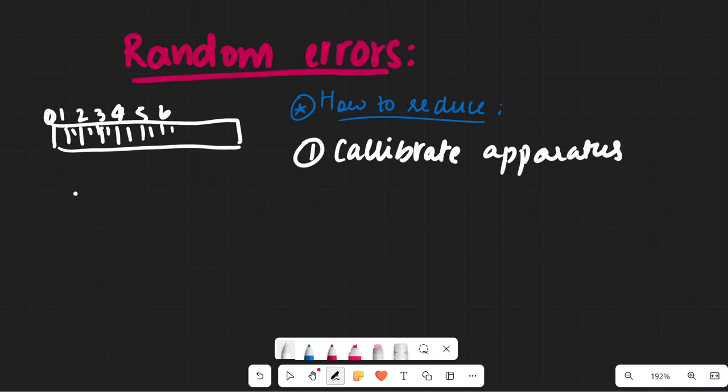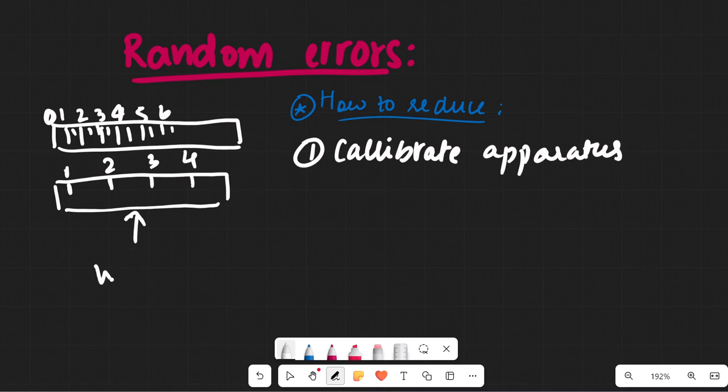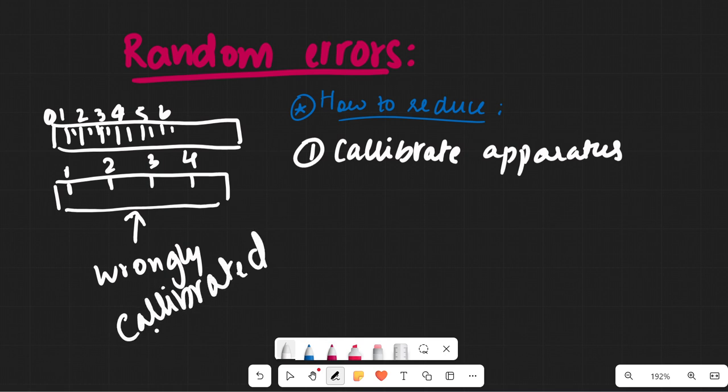But suppose you get a random scale from an unknown brand, where the 1 is here and the next 2 might be here. This means it's wrongly calibrated. The meaning of calibrated is where these readings are placed. So the first way to reduce random errors is to calibrate your apparatus accurately.